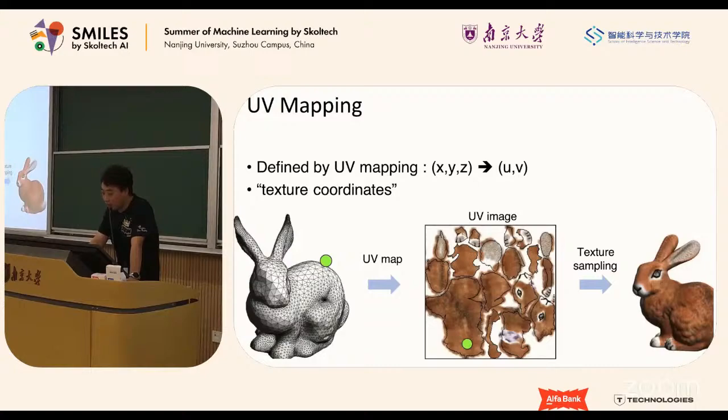So during rendering, the texture is sampled using these coordinates. So we can cut and flatten the surface into a 2D map and paint it there and transfer the color back to the 3D object.